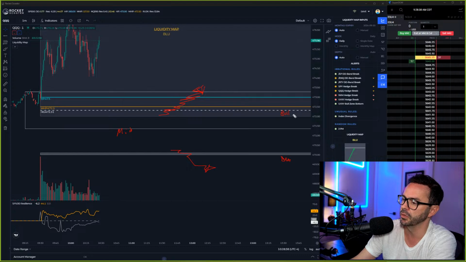The bulls longed against the market maker who shorted, okay? Bears shorted against the market maker who longed. So in the middle, all the shorts are making money and all the longs are making money. So dealers tend to be sitting pretty in the middle of the house, right?